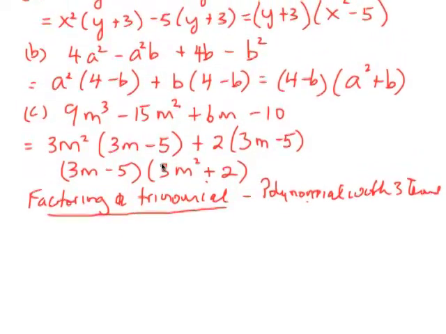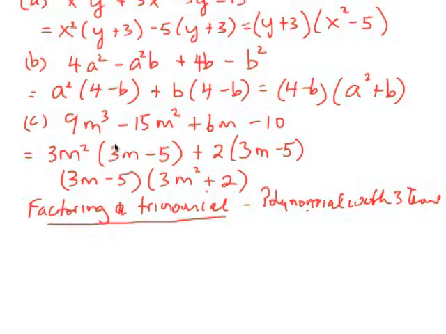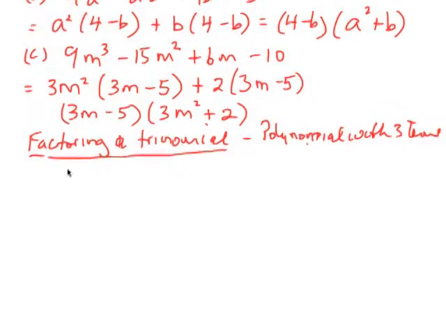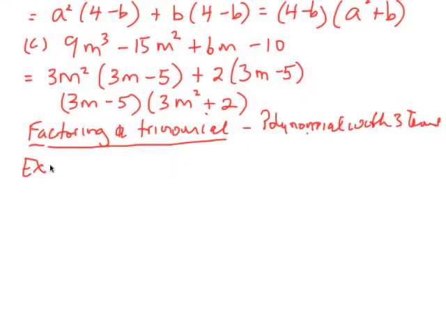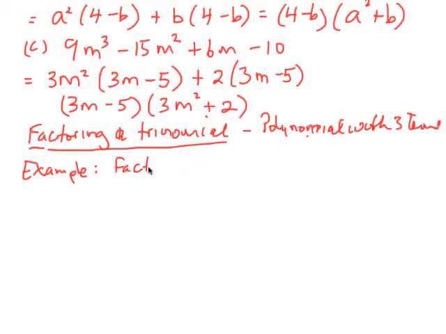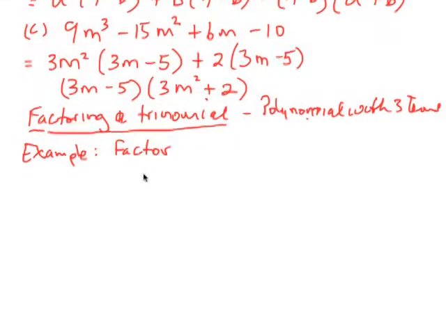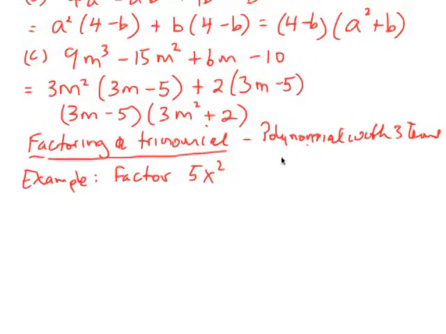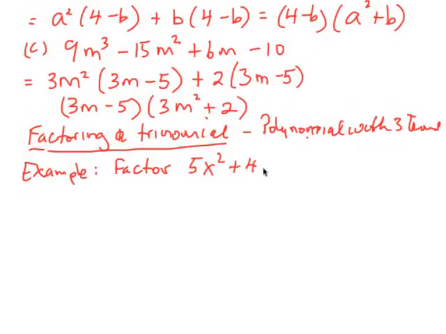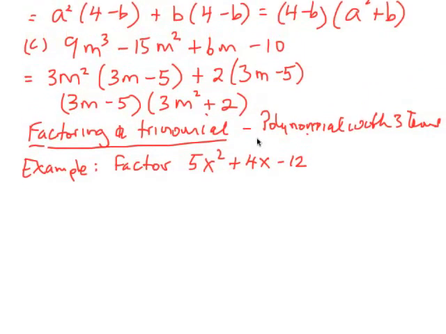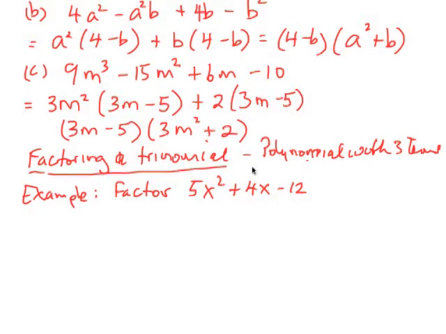Now there's a couple of ways we can do this, and often it's called the AC method. So for example, let's suppose I want to factor 5x squared plus 4x minus 12.